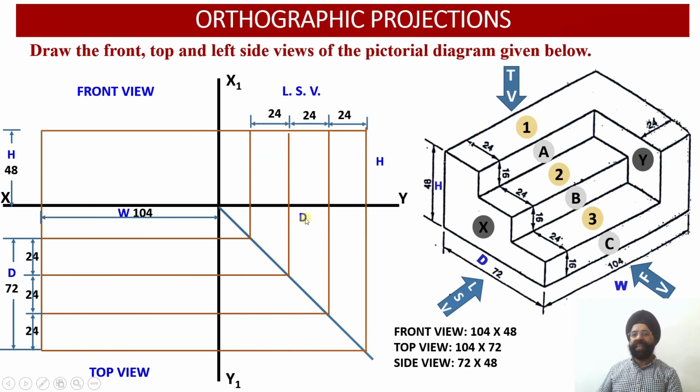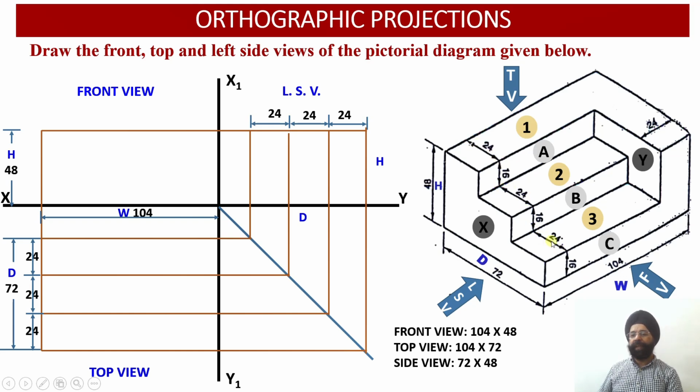Now as we can see, this is a solid in which there are three steps, and along the depth of the solid, which measures 72 millimeter, there are three steps, and each element in the three steps has a dimension equal to 24 millimeter horizontally.